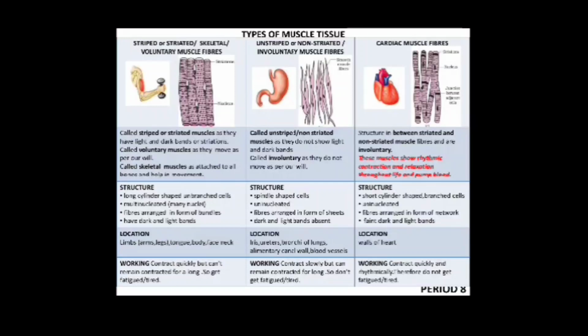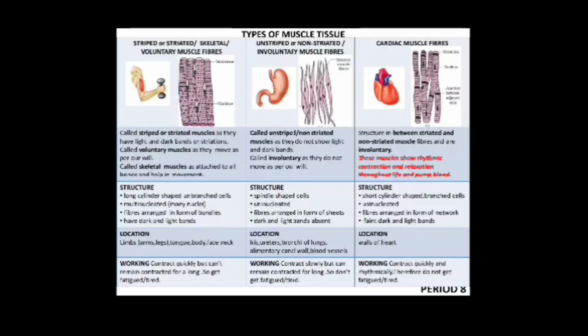Light and dark bands are absent. Where are they found? They are found in the iris, ureters, bronchi of lungs, alimentary canal wall, and blood vessels. They contract slowly but can remain contracted for long, so they do not get fatigued or tired easily.